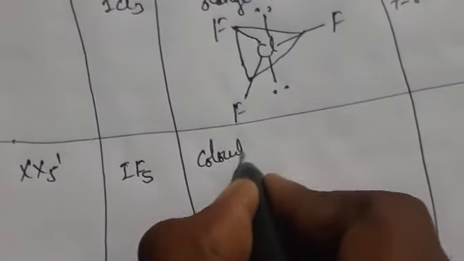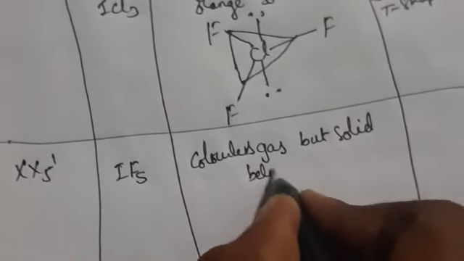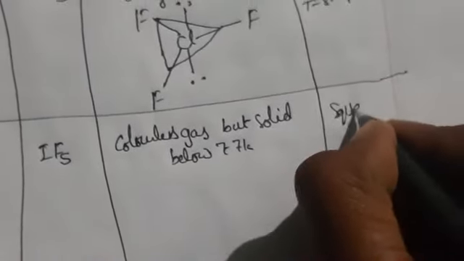Next, coming to XX'5. What are the examples here? We can take IF5. It is a colorless gas, but it becomes solid below 77 Kelvin.